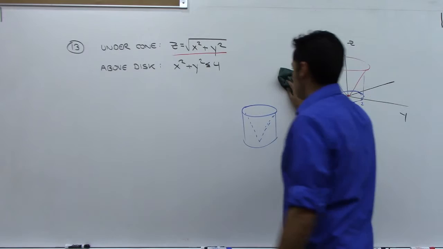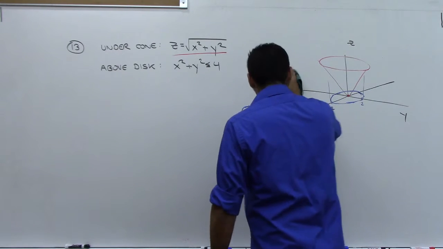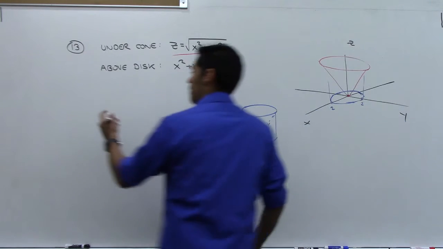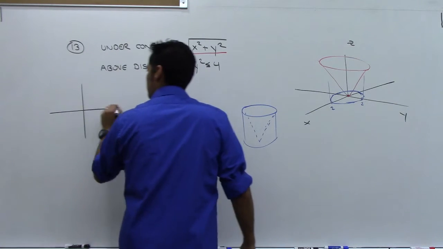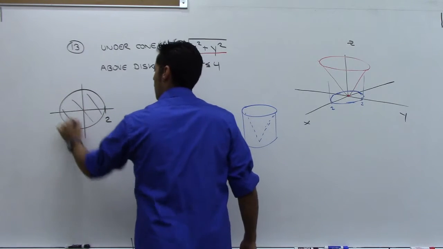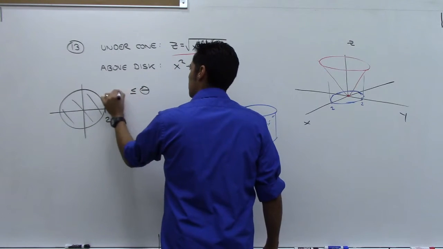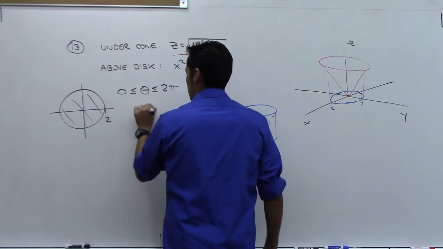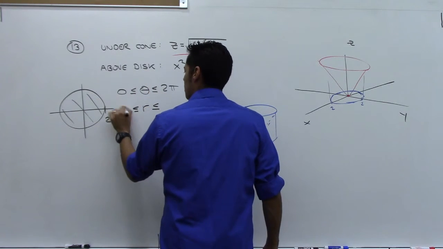all right, so the way we'll do this, our region of integration, okay, is what's on the ground there. That is that, which means theta is between 0 and 2 pi. That's all the way around. And then my radius is between 0 and 2.